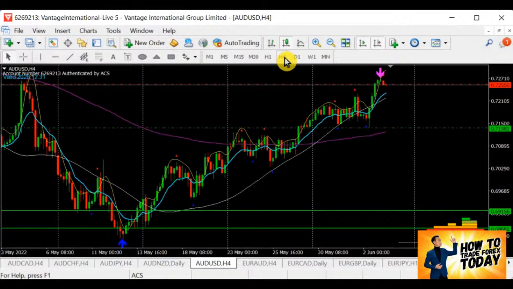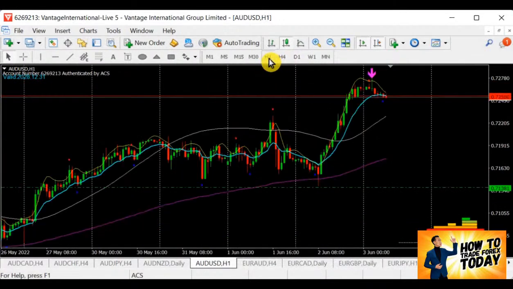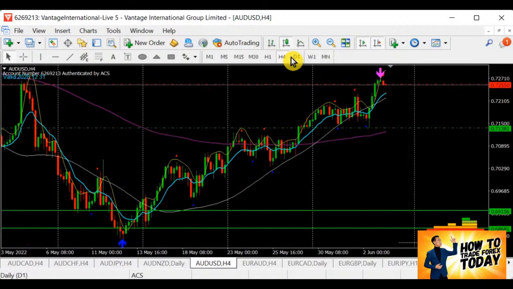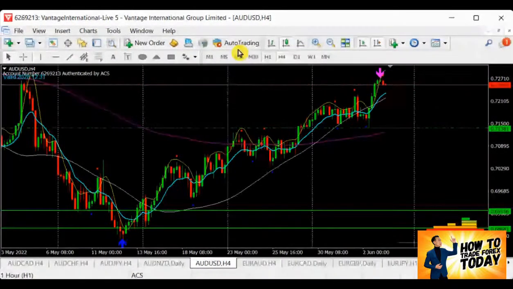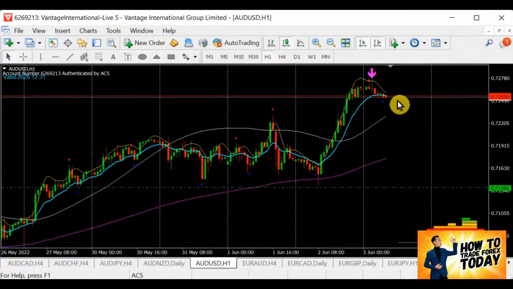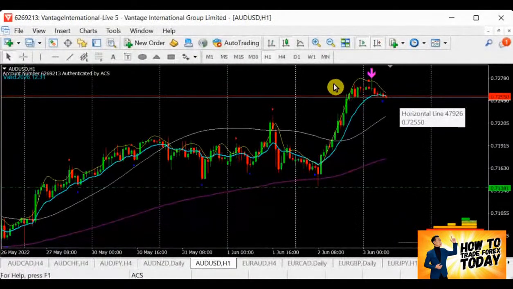But we have to wait until the second half. The second half of the day may be better. So this is something that we should be paying attention to for the next few hours. It may come down one, two, then retest. If it's not breaking, then we will sell.